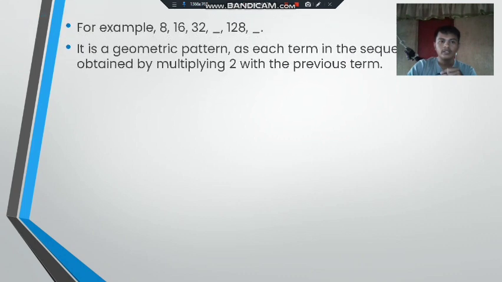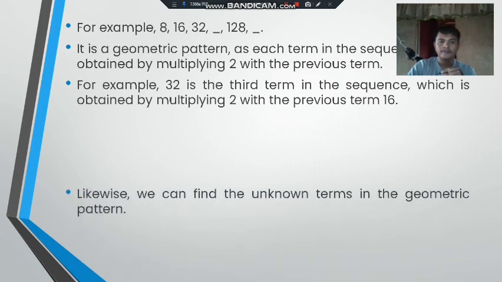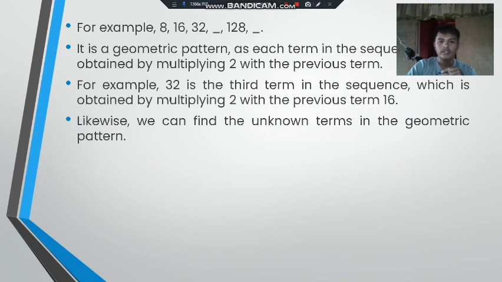It is a geometric pattern, as each term in the sequence can be obtained by multiplying the previous term by 2. For example, 32 is the third term in the sequence, which is obtained by multiplying 16 by 2. Likewise, we can find the unknown terms.